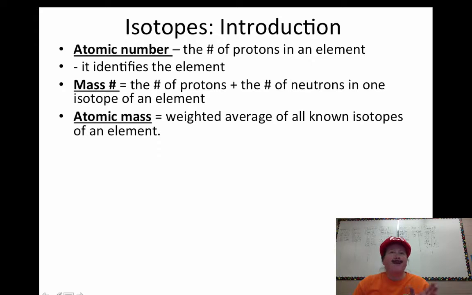So if I have 3 Positive Patty Protons and 4 Nerdy Nell Neutrons, 3 plus 4 will equal the mass number, which would be 7. The atomic mass is a weighted average of all of the known isotopes, and a future video will explain how to calculate an atomic mass and how the different types of isotopes are taken into account when that's being calculated.